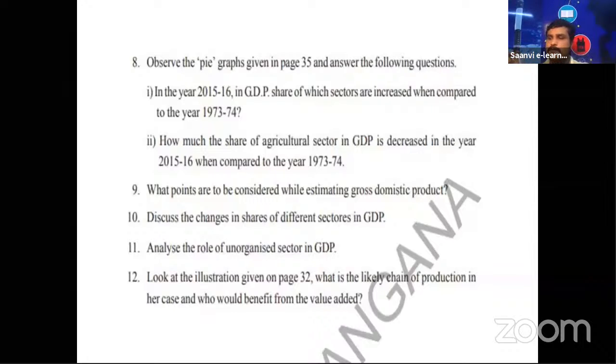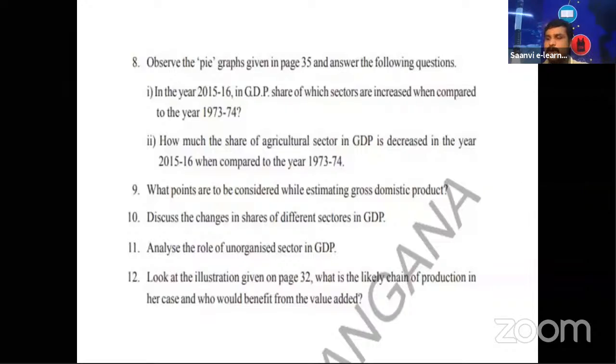The output share of the agriculture sector has fallen drastically. That is the answer for the tenth question: discuss the changes in the share of different sectors in GDP. The output share of the agriculture sector has fallen down; you must remember that. There was a small increase in the share of industrial output.